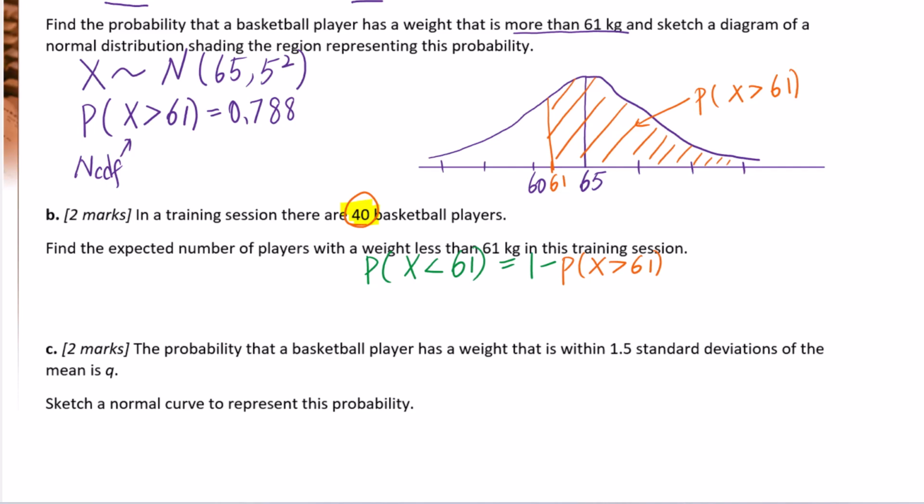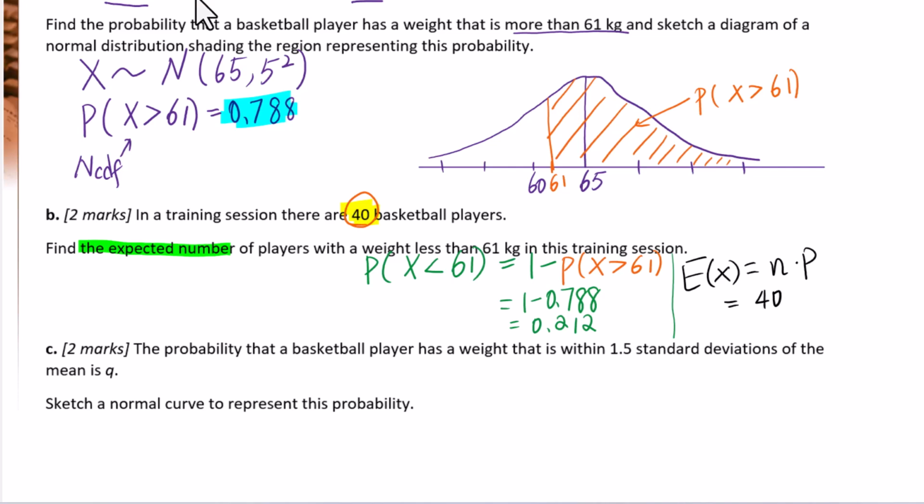So we will use this formula. 1 minus 0.788 equals 0.212. We are looking for expected number. Expected number equals n times probability, which means 40 times 0.212 equals 8.48.